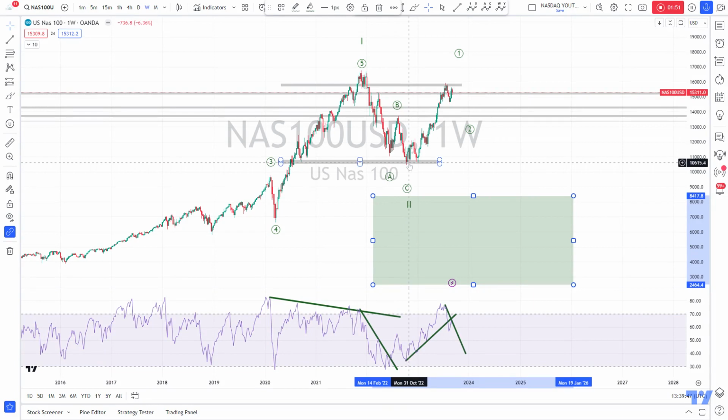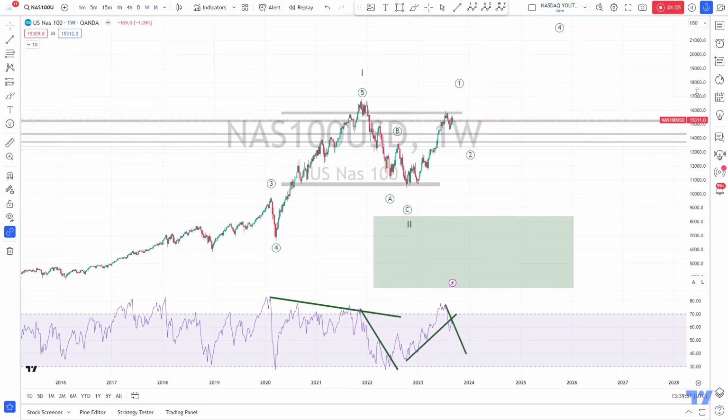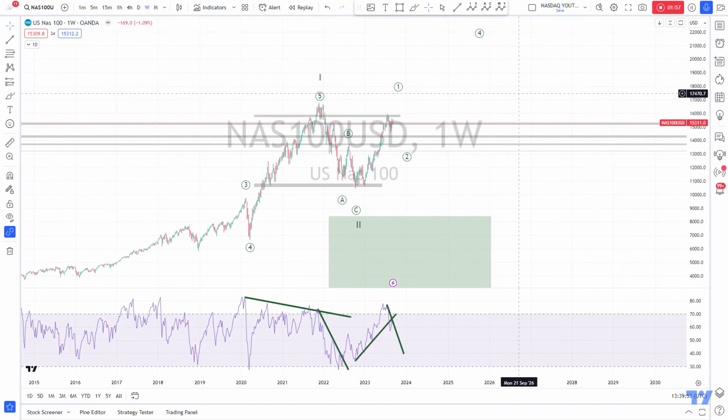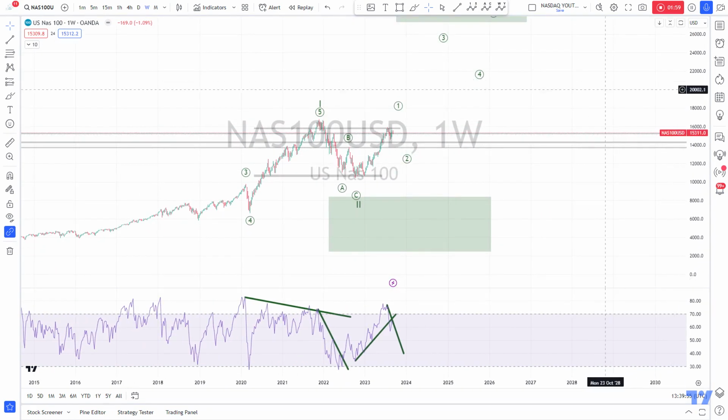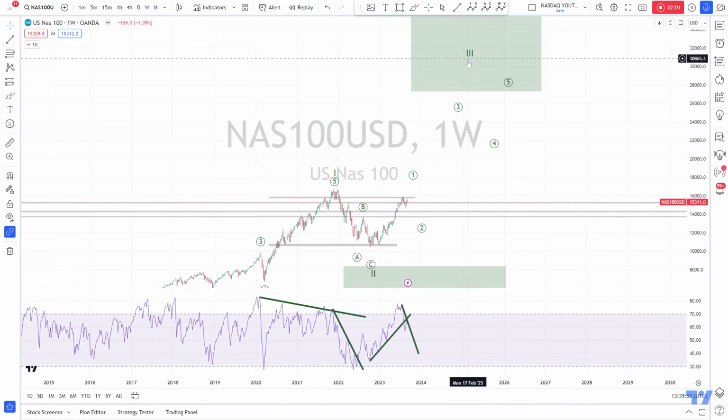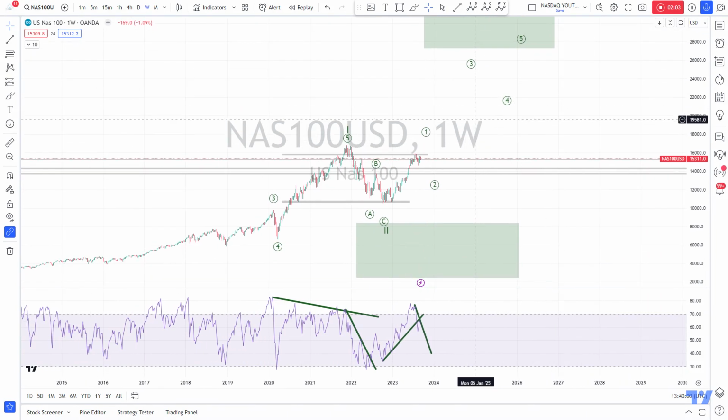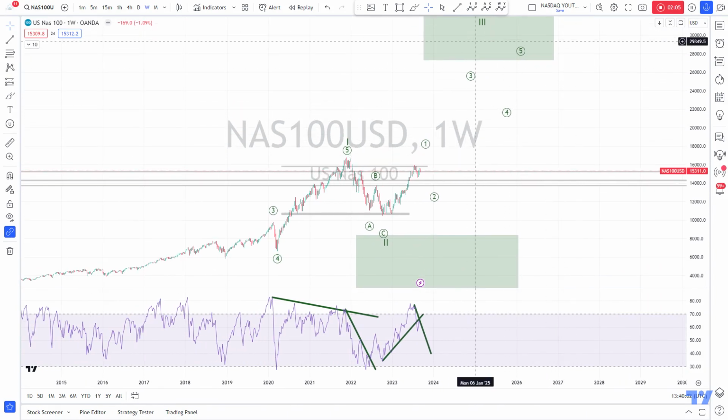So we reversed earlier here to the upside, and so now I actually think that we might be working on this wave 3 here in the higher degree. But of course, this will not be for tomorrow. This can take years to play out.